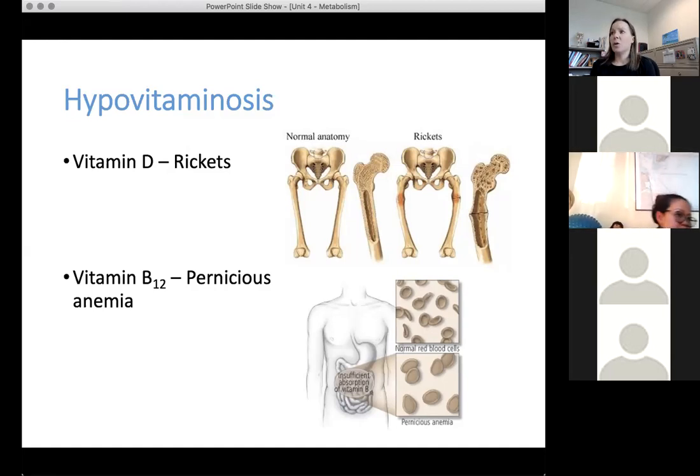So one example is when there's a deficiency of vitamin D that can lead to rickets. And on the PowerPoint, you can see the result here on these pictures.